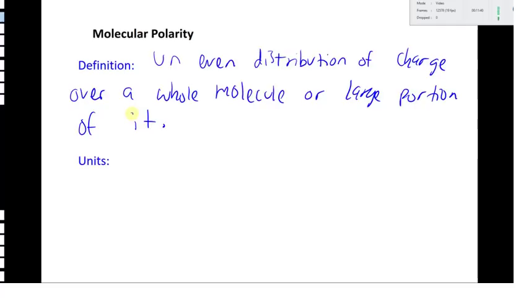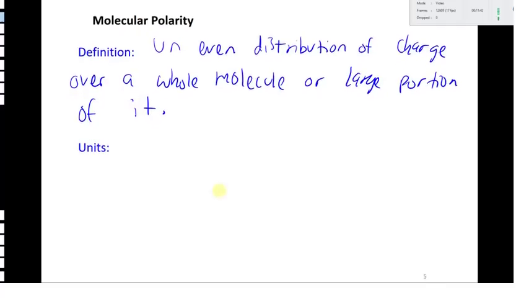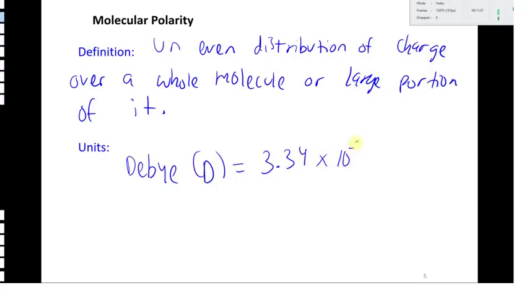Not so important for us, but you can measure molecular polarity in a unit called the debye, which is based on a charge and a distance. So it's very small on the atomic scale, because we're talking about tiny amounts of charge and tiny distances, but it's 3.34 times 10 to the negative 30 coulomb meters. C is the unit coulombs, which is the SI unit for charge.